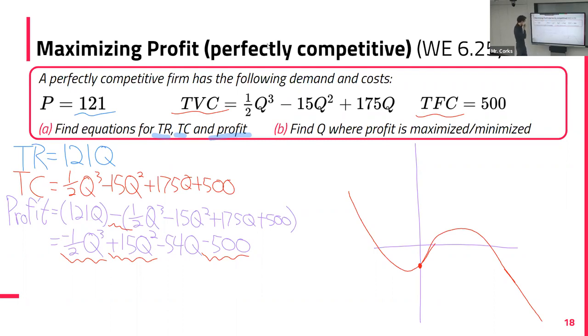Okay, so there's profit. And that's the first part. Now we want to find the Q value where profit is maximized. How can we do that? Find the value for Q that will maximize profit.